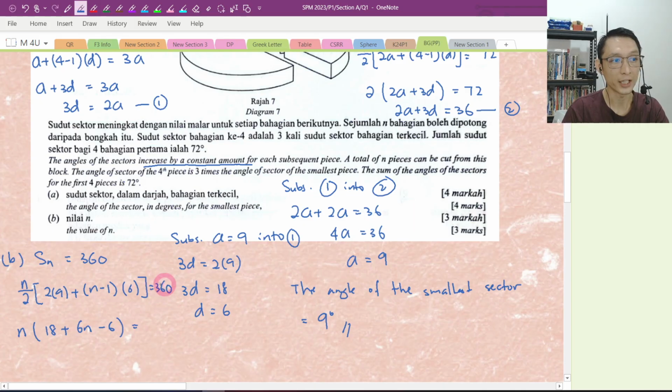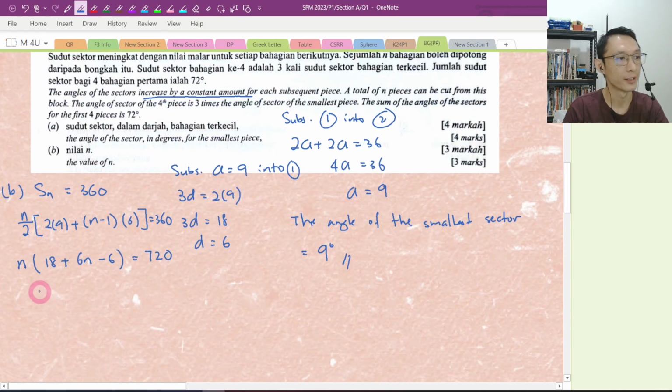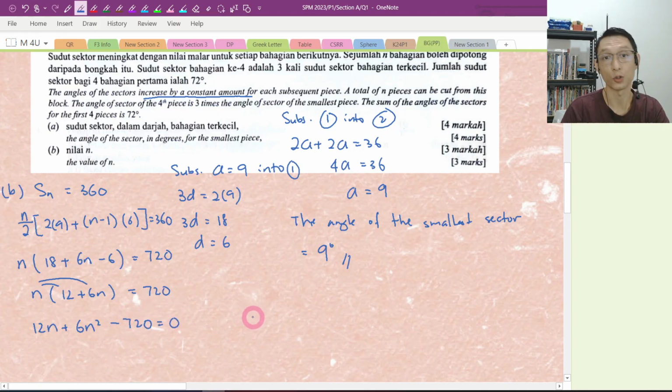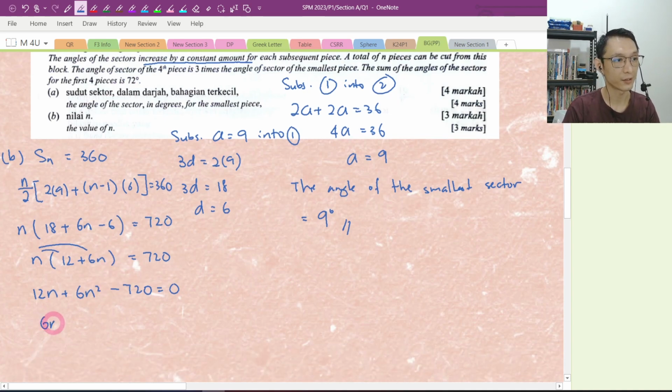Okay, so this is n times 18 minus 6, you get 12. Okay, do some expansion over here. 12n plus 6n squared minus 720 is equal to 0. So let me rearrange all these terms nicely. 6n squared plus 12n minus 720 is equal to 0.